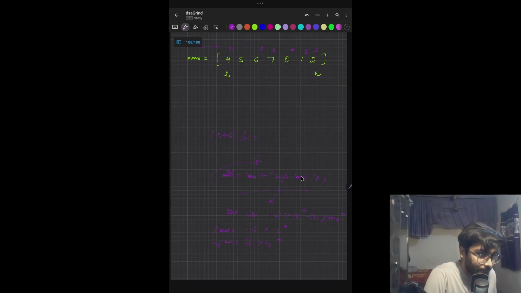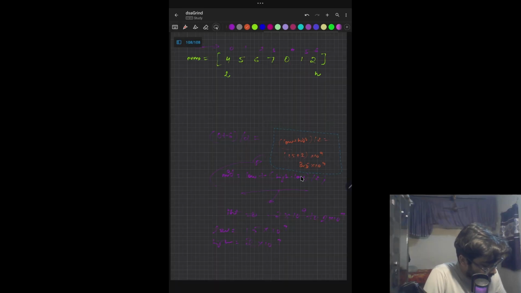Sorry for that. So if we apply the formula low plus high by 2, it would be 1.5 plus 2 times 10 to the power 9, and this is 3.5 times 10 to the power 9. Let me change the pen for explaining.